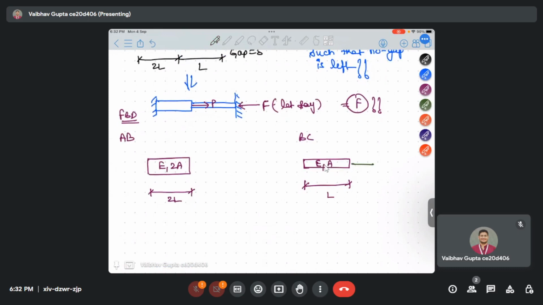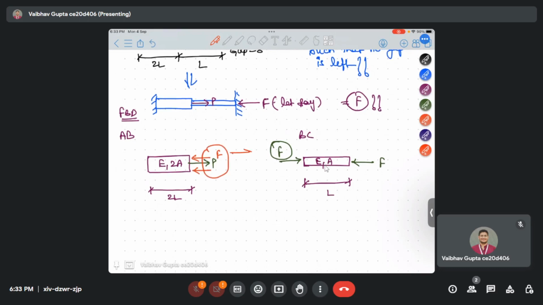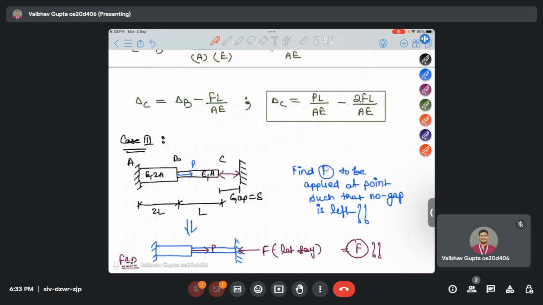This F is applied, so to maintain equilibrium, this F should be applied at point B. Here P has already been acting, but since we applied a force to maintain the equilibrium at point B of BC, due to Newton's third law a similar opposite force F will be applied here. So this will be in positive direction, P minus F, and to maintain the equilibrium it will act at the other end A as P minus F, similar to case 2.